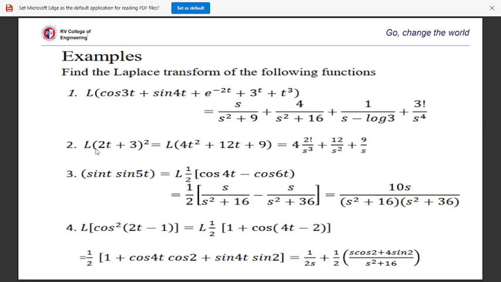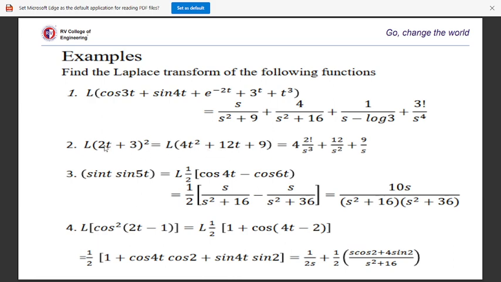In the second example, it has given Laplace transform of 2t plus 3 whole square. Directly we cannot find the Laplace transform of 2t plus 3 whole square, so we have to express the given function in terms of simple functions.